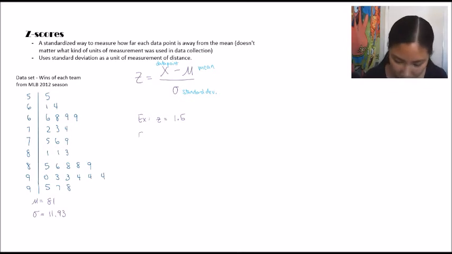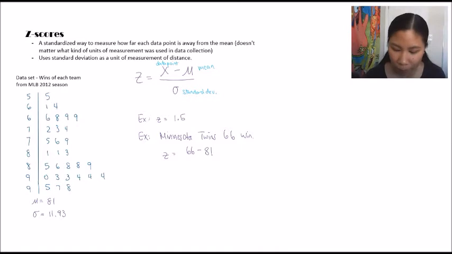So let's say one of the teams was the Minnesota Twins or something, had 66 wins. So their z-score would be 66 minus the mean of 81 divided by the standard deviation of 11.93.